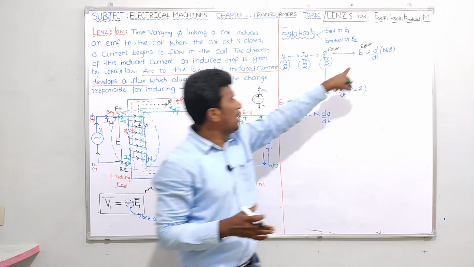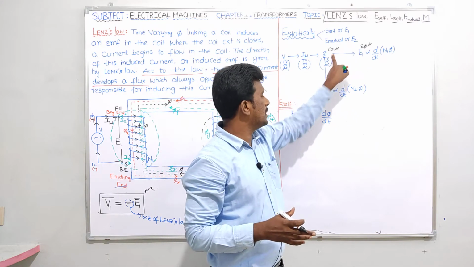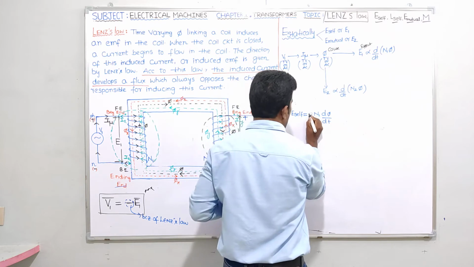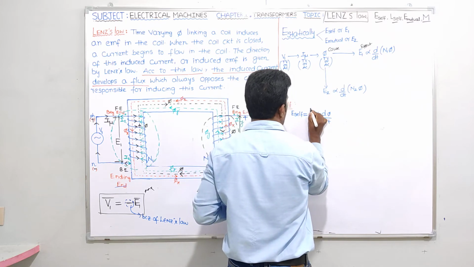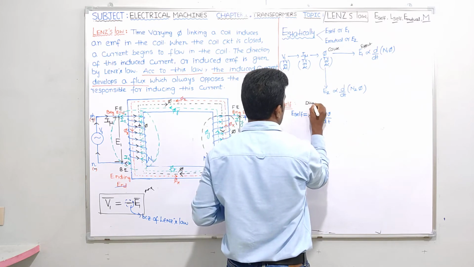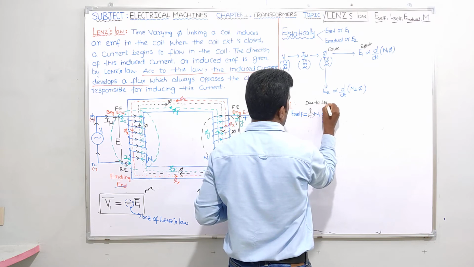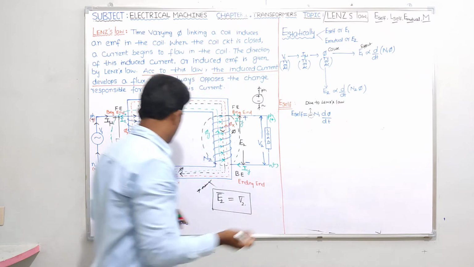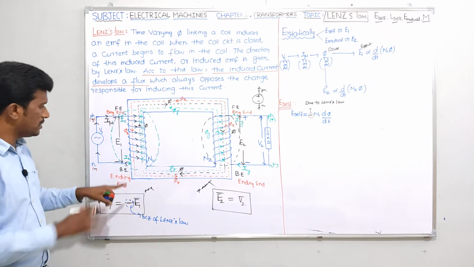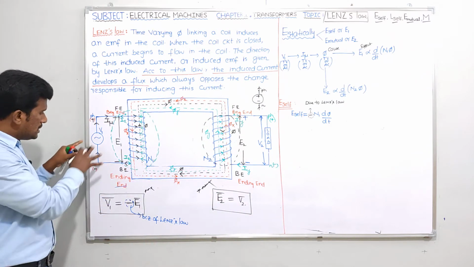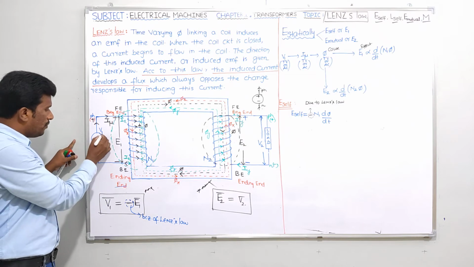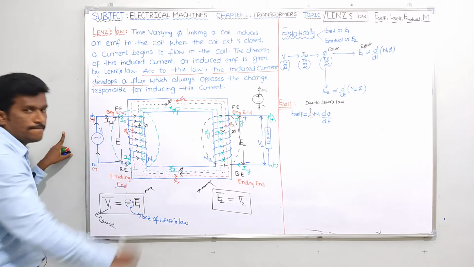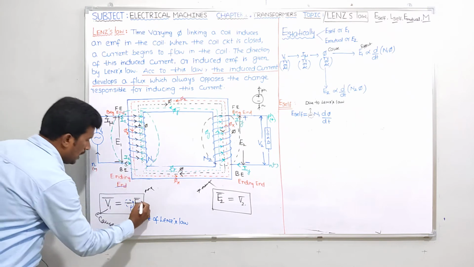Okay. So effect opposes cause. That's why I am showing the minus symbol. This minus symbol is due to Lenz law. See, already I had given this, just go through that and you will have some clarity. In the earlier discussion, I had taken V1 as cause and E1 as effect.